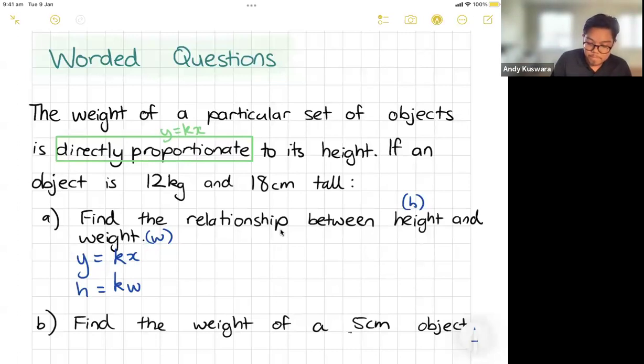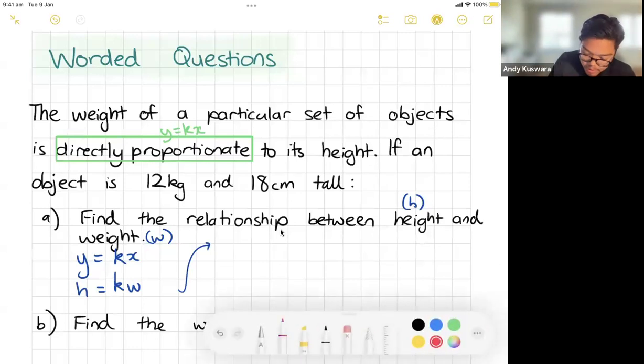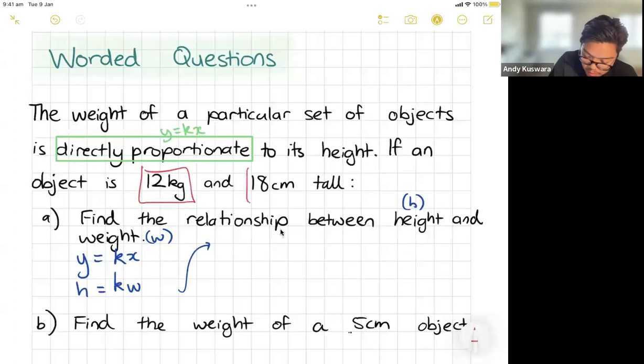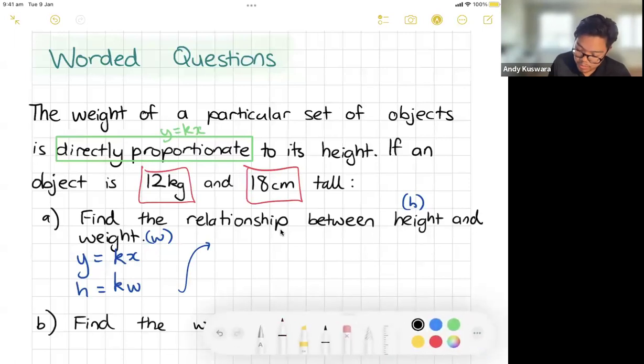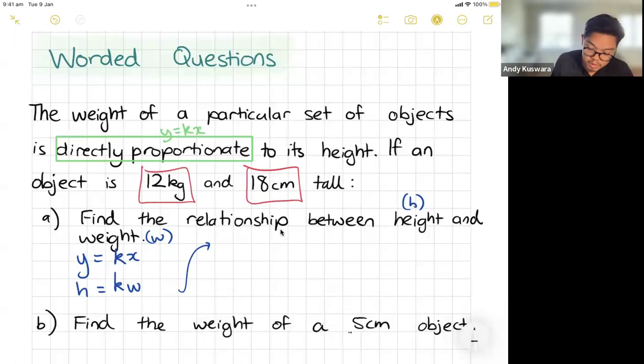Now from here, this is where we substitute in our actual values. We've been given these bits of information: there is an object that's 12 kilograms and 18 centimeters tall. So I'm going to substitute that in. I'm going to say 18 equals k times my w, which is 12.